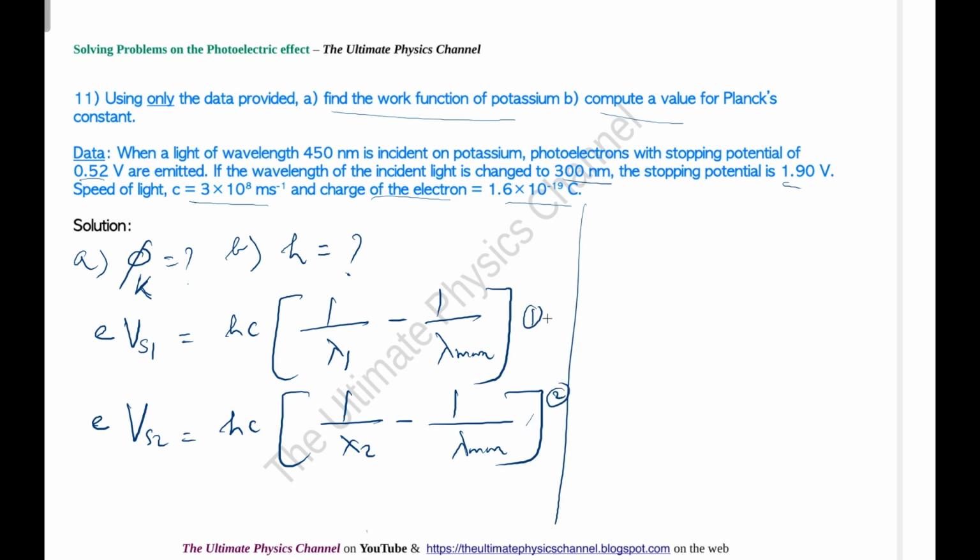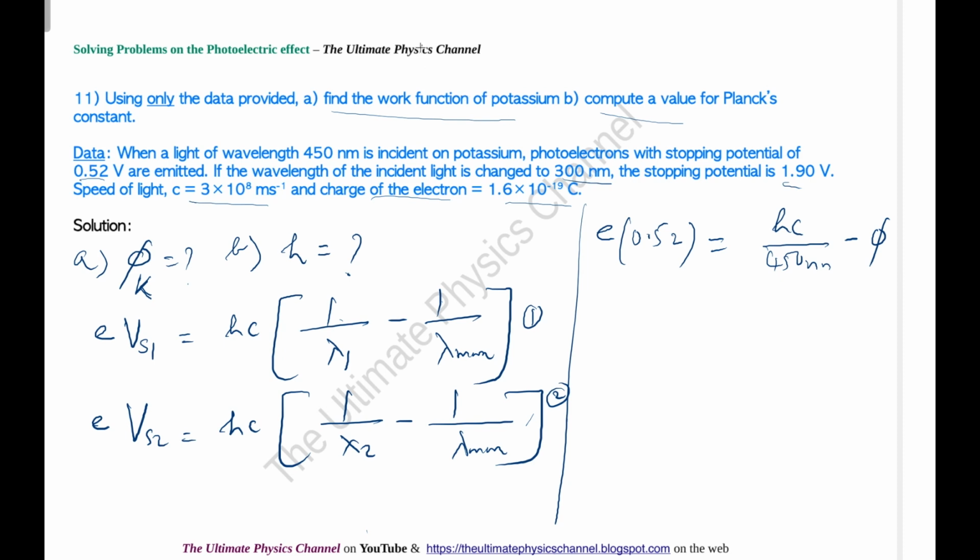So we have set up two equations, equation 1 and 2, based on the photoelectric equation for the two cases. We can now write down what is known. E on the left side, times Vs1, which is 0.52 volt, is equal to hc over lambda 1, that is 450 nanometers, minus the second term, hc over lambda max, which let us write out as 5.